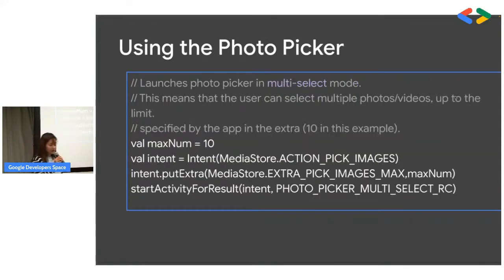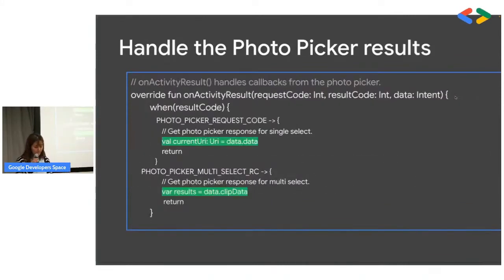Then you can simply specify the maximum number, add one additional line, and say how many photos and videos you let the user select. Okay, so these are the callbacks from the photo picker, and you can simply receive back the data depending on your mode, single or multiple.